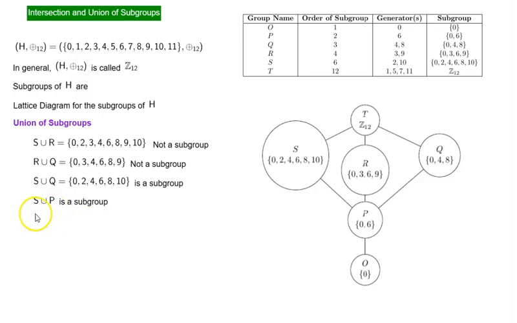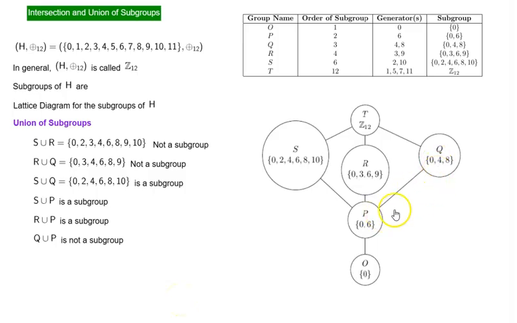Now, let's look at this. S union P is a subgroup because this is part of this, 0 and 6. R union P, 0 and 6. Again, P is there as part of R. Q union P. Now you notice that you have 6 here, but it is not there here. So it is not a subgroup.